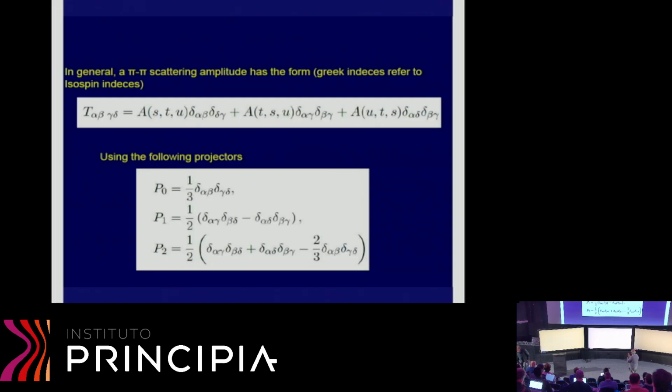This is the general structure from quantum mechanics, in the S channel, T channel, U channel. In general, you have to sum all possible combinations in a symmetric way of the isospin indexes. These are projectors that project into isospin 0, isospin 1, isospin 2.